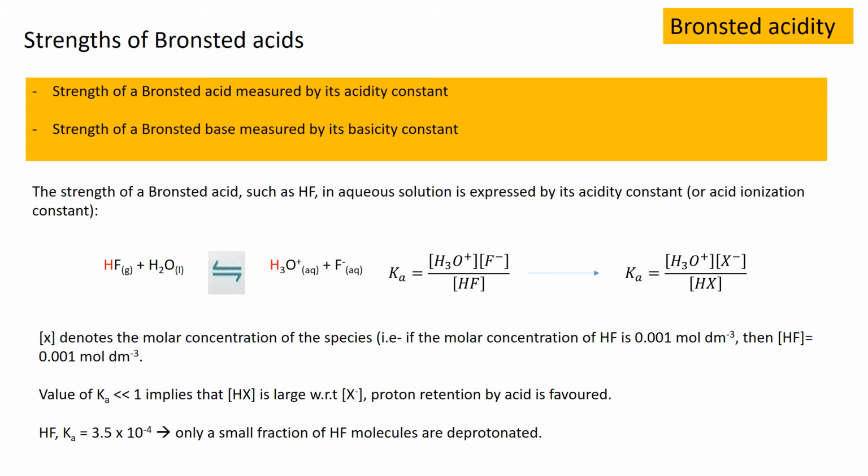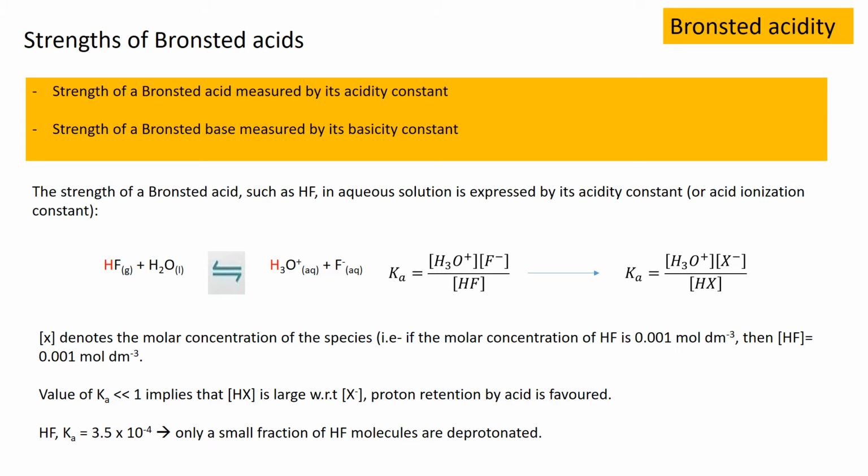We can measure the strength of a Bronsted acid, and the example I give here is hydrofluoric acid in aqueous solution. So all that happens when I dissolve hydrofluoric acid in water is that it donates a proton to water, and there is an equilibrium established between the reactants and the products of that acid-base reaction.